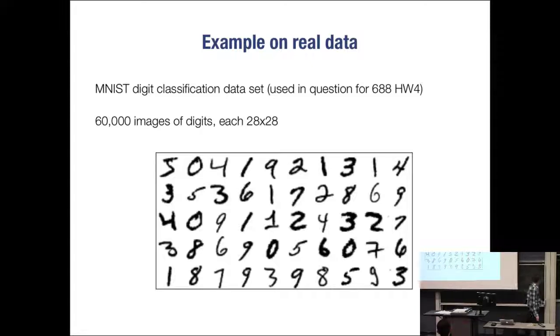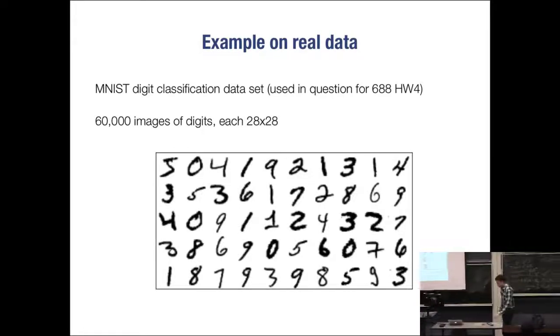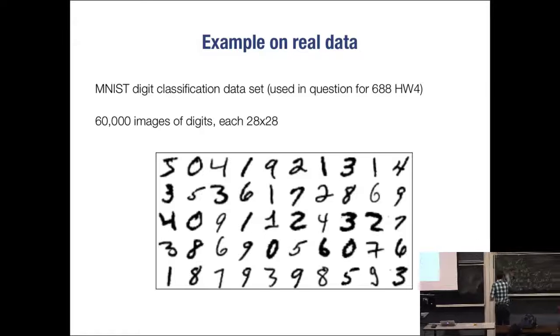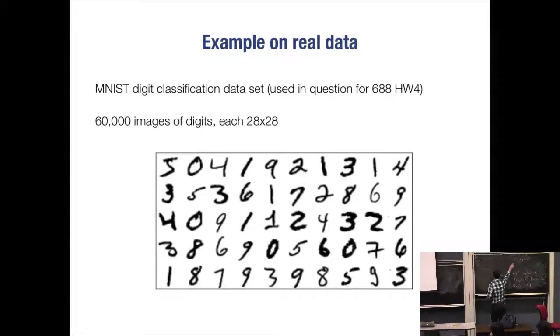So you can think of these, I mean, digits look like 28 by 28 images, but you can think of these things really as points in 784 dimensional space, right? That's 28 by 28.